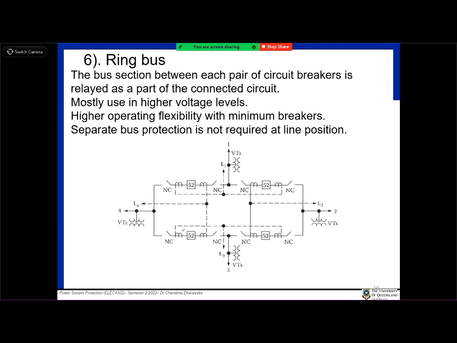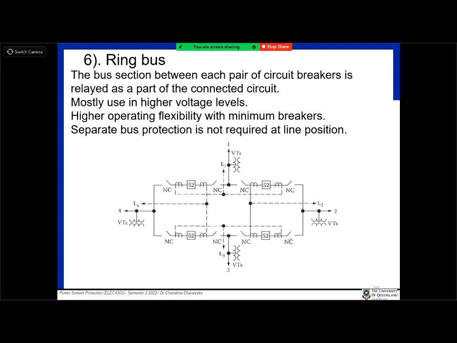So errors in this CT for some reason will be covered by the other set of CTs. If there is some leakage here, that will be covered by these two. If there is leakage on this one, that will be covered by these two. It's a sort of mutual connection: this guy looks after him, and that one looks after the other. That is another advantage here.